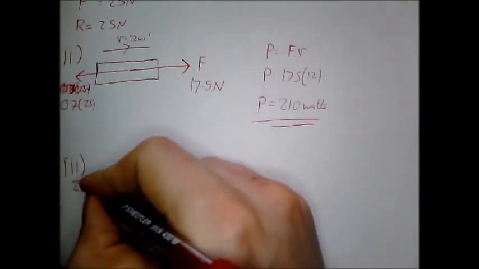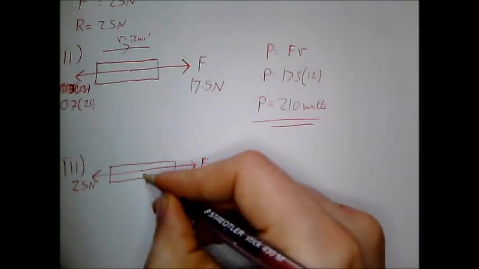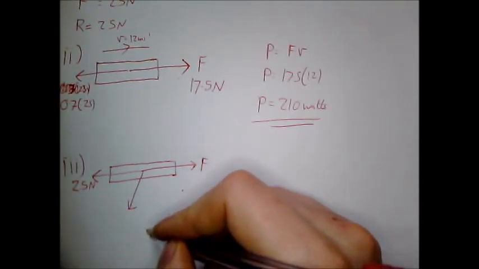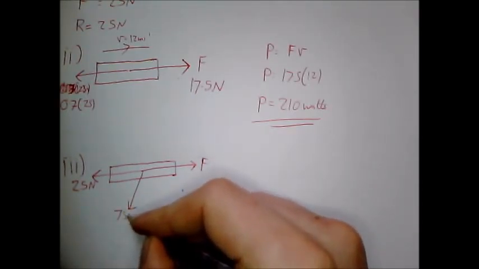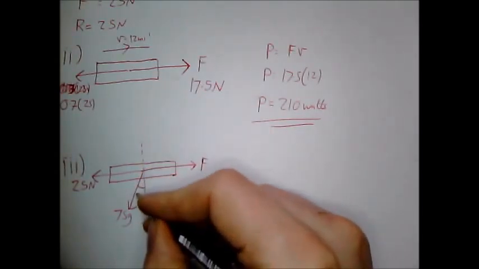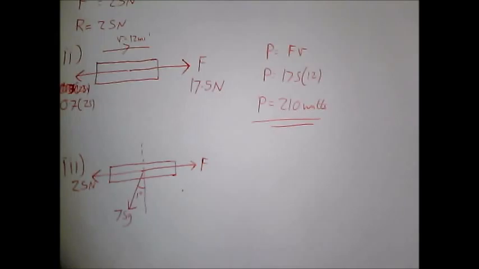This is still 25 newtons. Okay, but now there's an element of his weight acting against him, which is 75g at an angle of 1 degree. And we want to find his instantaneous acceleration.